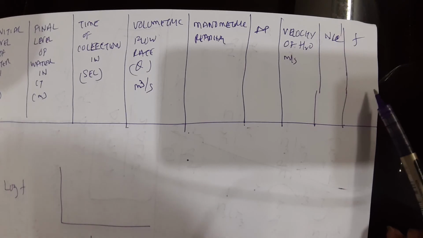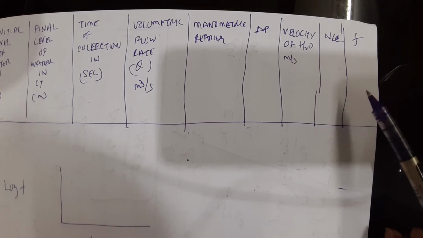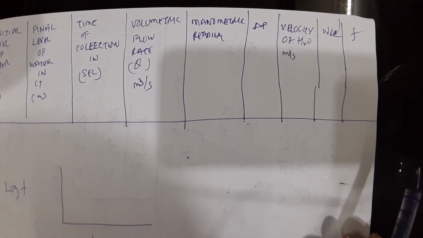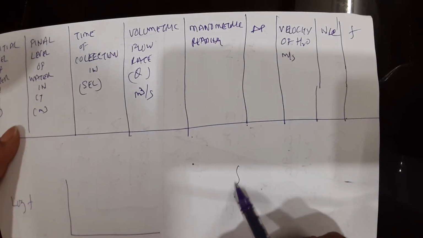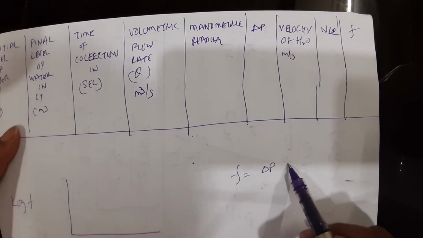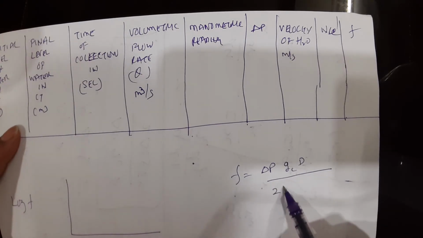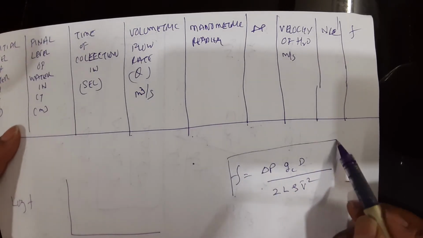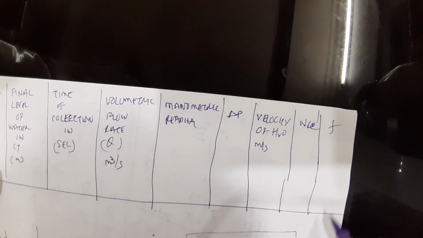So instead of using so many values, I will be giving you the Fanning equation only, which we have studied in our theory, where the friction factor F is given by delta P gc D divided by 2L rho V bar whole square. This formula already we have seen in our theory part. So this we will apply now here in this to estimate the values of friction factors.